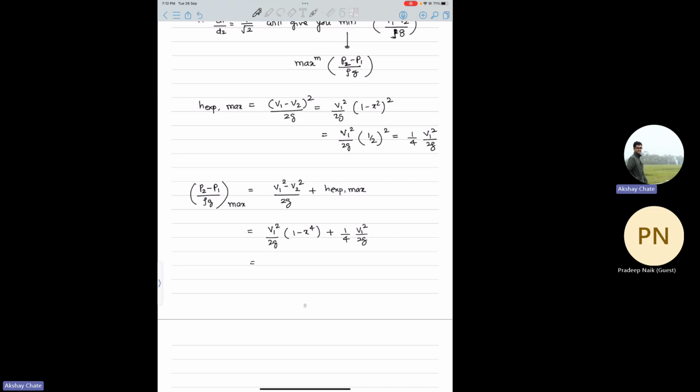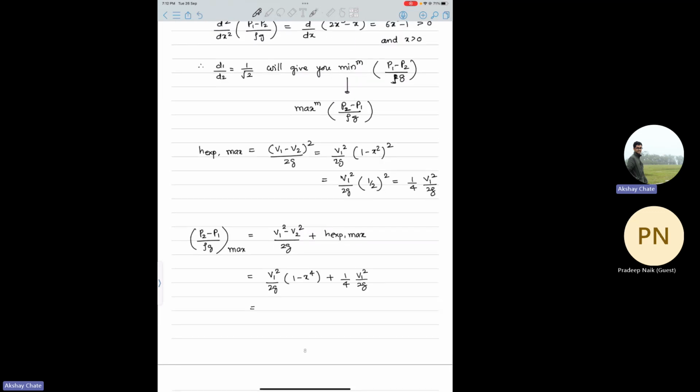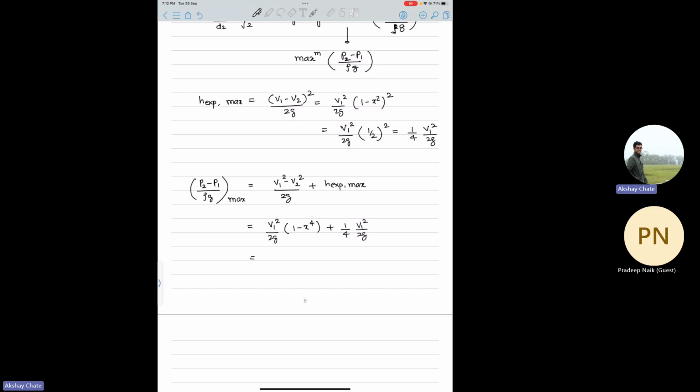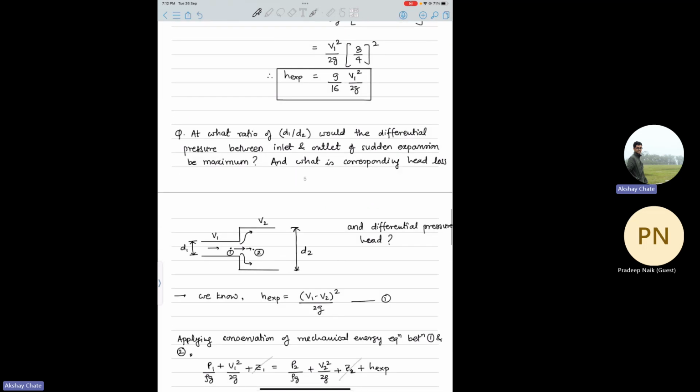One second. Am I doing anything wrong here? Maximum is coming to be 1 by 4 V1 square by 2G into 1 minus x square whole square. And this will be 1 minus x power 4, which is higher. V1 is higher, right? So this quantity should be positive.